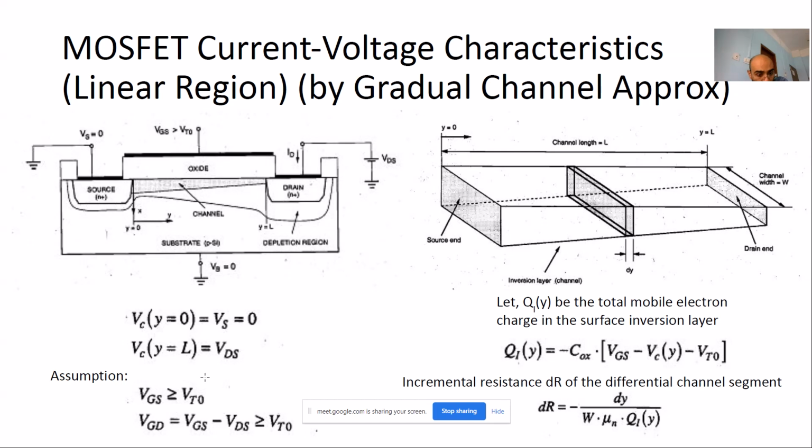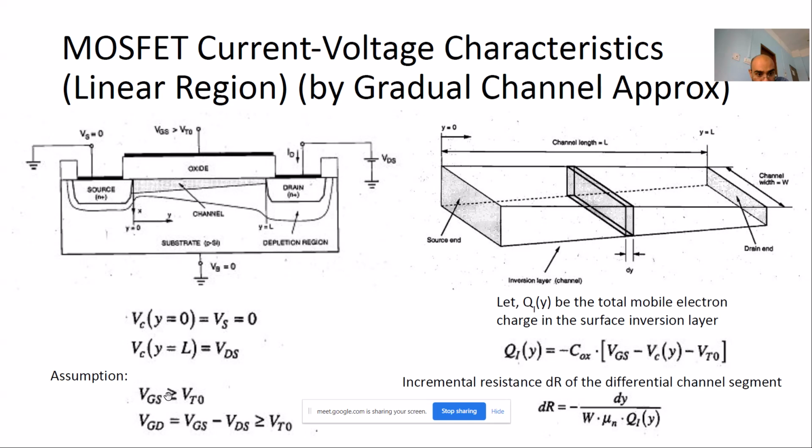We will consider this particular length of the channel, starting at this point as y equal to 0, and this is y equal to L, because we will require these for the integration limits. So at y equal to 0 the voltage is 0, whereas at y equal to L the voltage will be VDS. Keep this in mind.